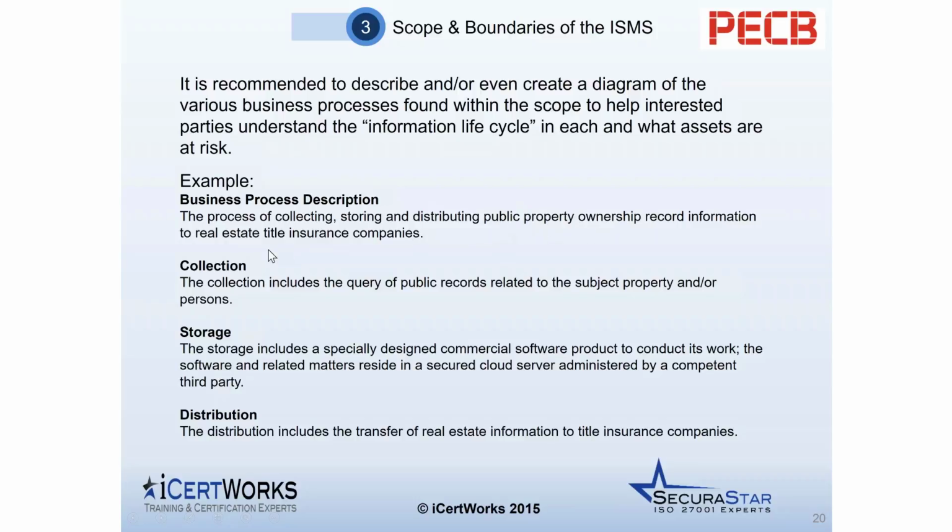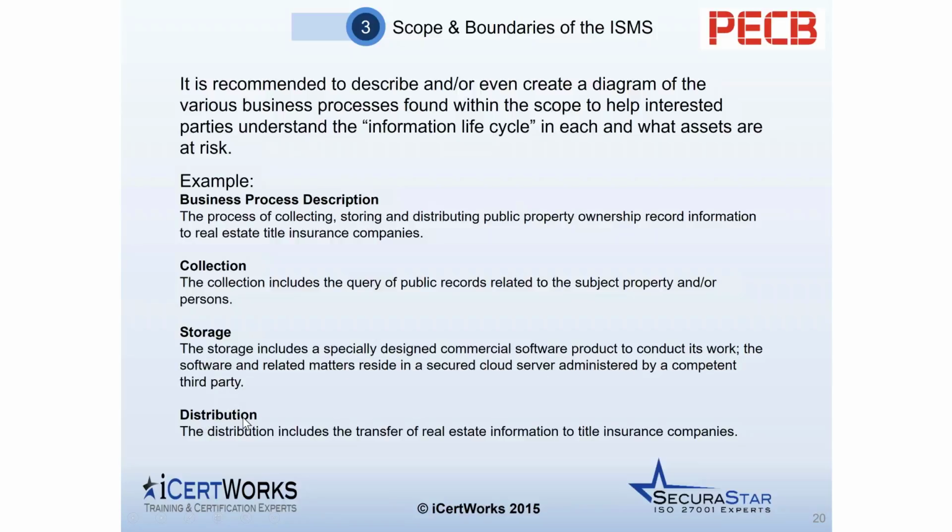They're public property records that we provide to real estate title insurance companies when you buy a house or something like that. When we collect this information, it includes the query of public records related to the subject property and/or persons. We're going to store this information in a specially designed commercial software product to conduct its work, and the software and its related matters reside in a secured cloud server, administered by a competent third party.